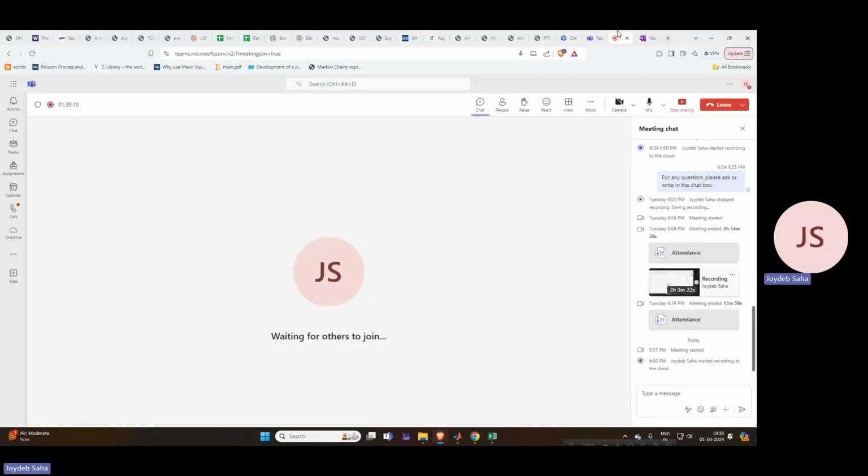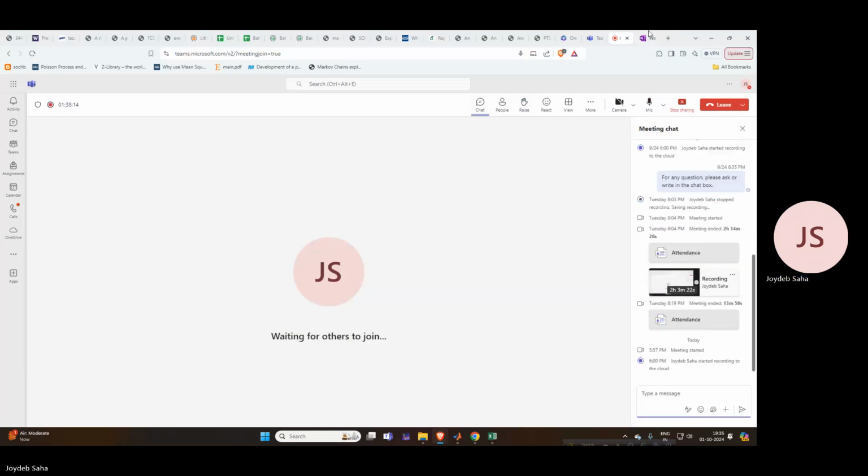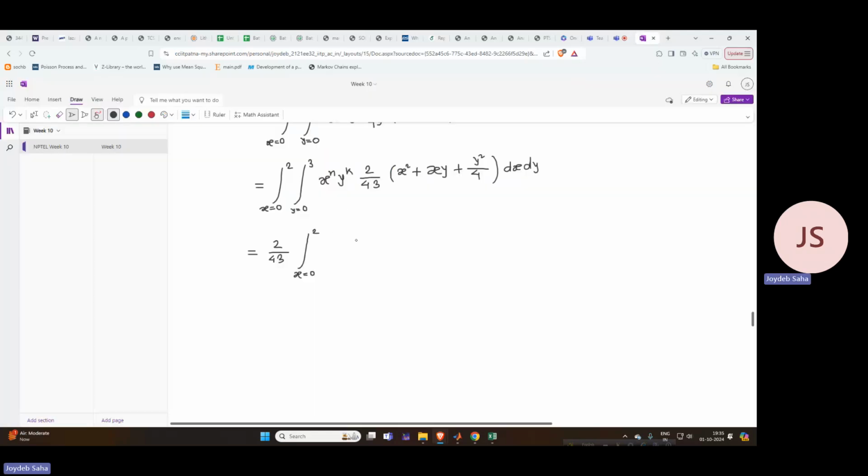So is there any query, students, till now? Any queries till now? So this is y is equal to 0 to 3, right?